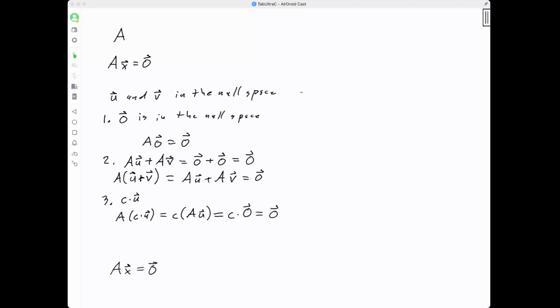So you're going to find the reduced row echelon form of A augmented with a 0 column. And when you do that, you're going to get a set of solutions. It might just be the 0 vector, but it might also include an infinite family of vectors.